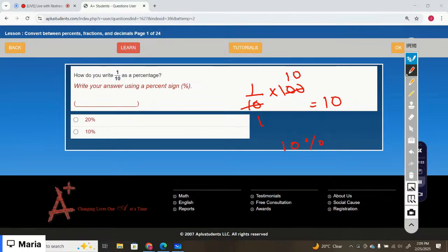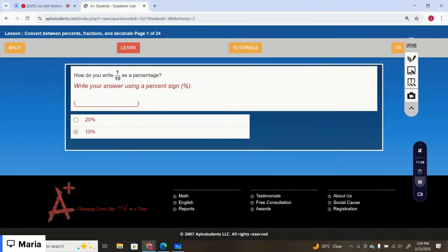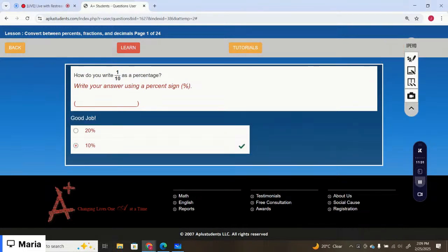That means 1 by 10 equals 10%. Option number 2 is the correct option.